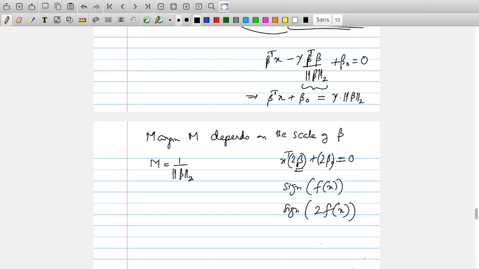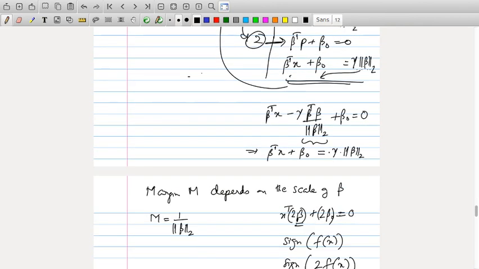This is just to kill 1 degree of freedom. Either you say I only consider hyperplanes with betas of exactly unit length, that could be one choice, or you can say I don't want to constrain that, I want to just constrain my margin definition, which depends on the beta, to be just 1 by norm of beta. Why does margin depend on beta? Because gamma depends on beta by norm of beta, right?